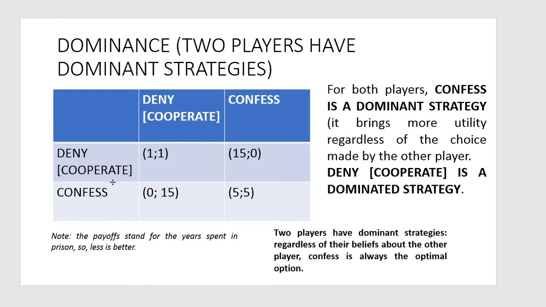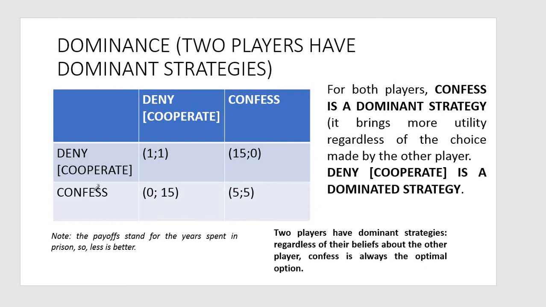If the first person decides to confess while the second player keeps silence and cooperates, then the one who confessed is free to go immediately. Like here we have 0 length of the sentence, and the second player will get 15 years of sentence in prison.